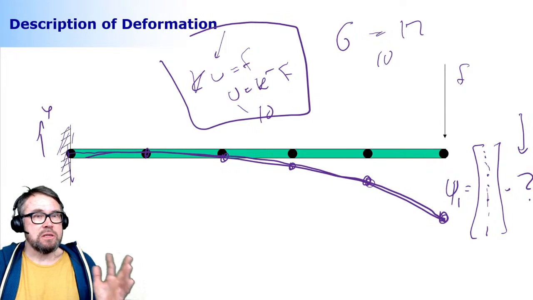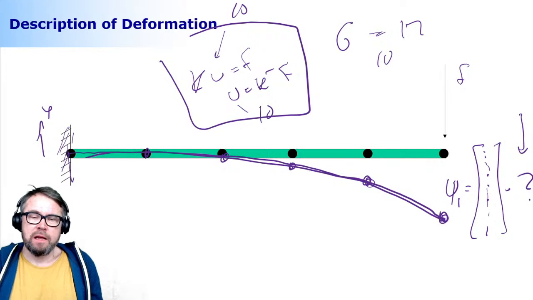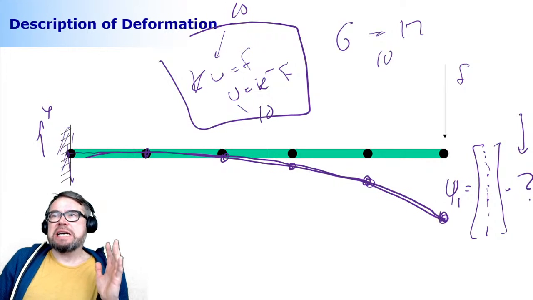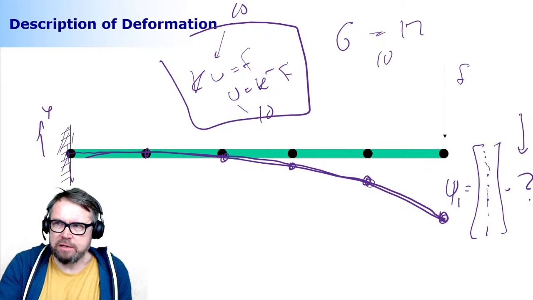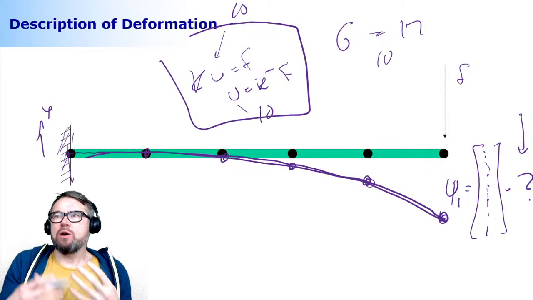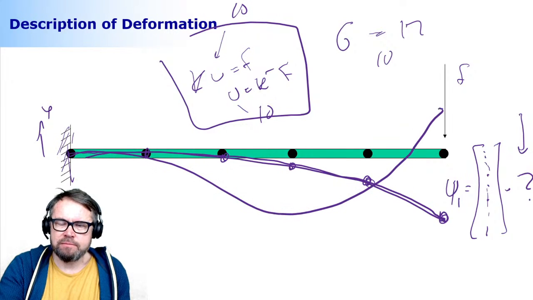Now, if my system initially consists of 10 nodal degrees of freedom, I'm able to see 10 different ways that the structure can move. So this was the first way, associated with the lowest frequency. The second way would probably be something like this.